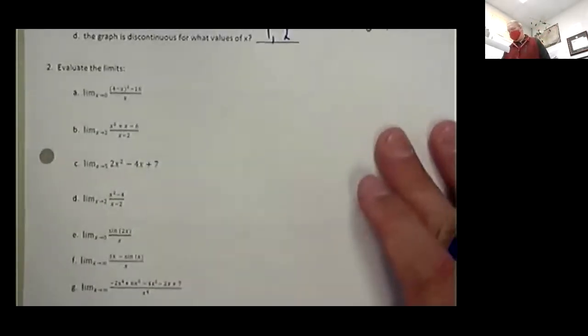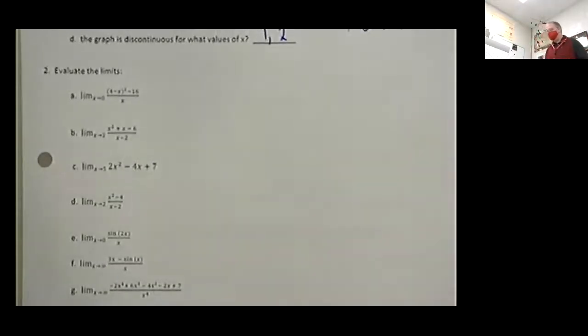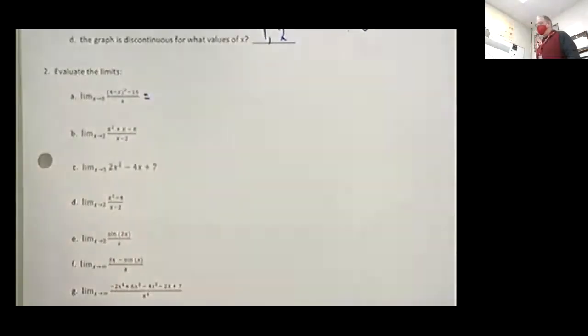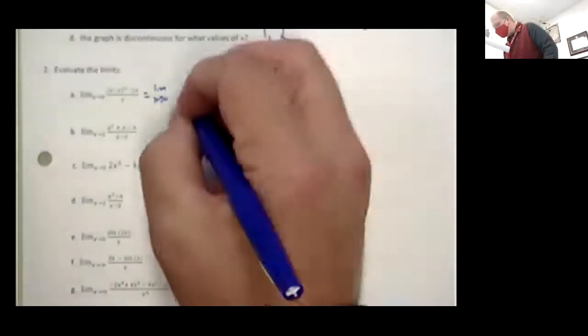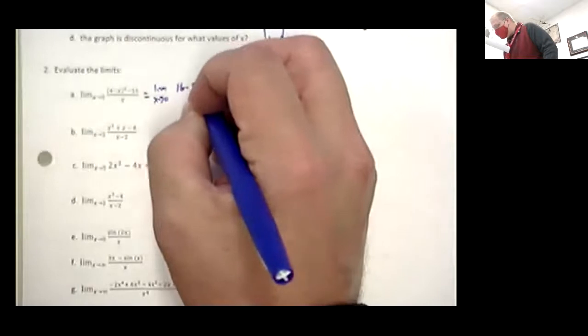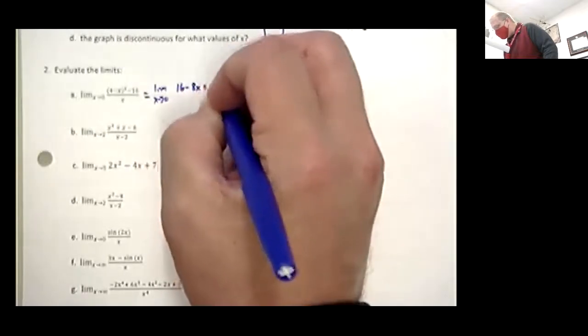Number 2, then, evaluate the limits. There's a bunch of tricks that we developed to evaluate limits. We're going to look at those as we go through here. The first trick is to just algebraically simplify. Remember, we're going to include the limit until we plug in the number. So this is the limit as x goes to 0 of (4 minus x) quantity squared minus 16 over x, which gives us 16 minus 8x plus x squared minus 16 all over x.